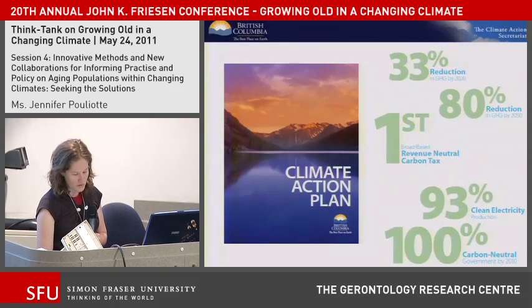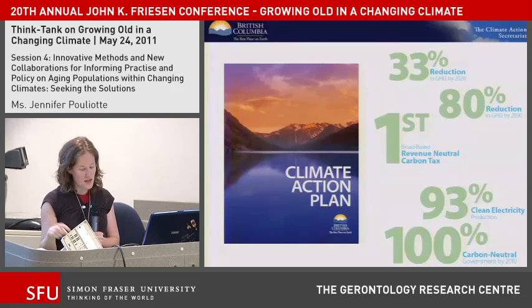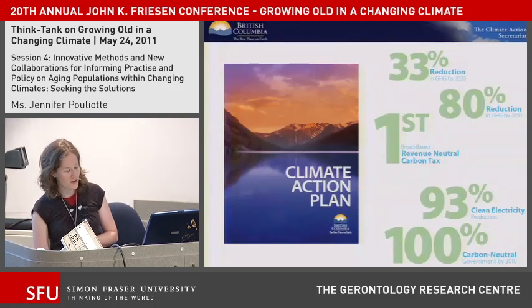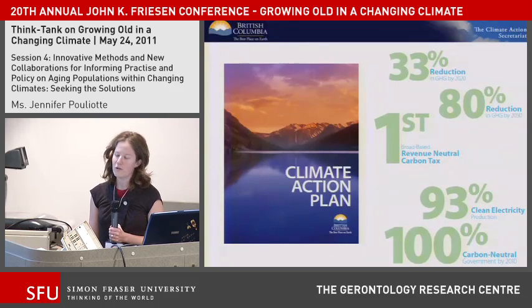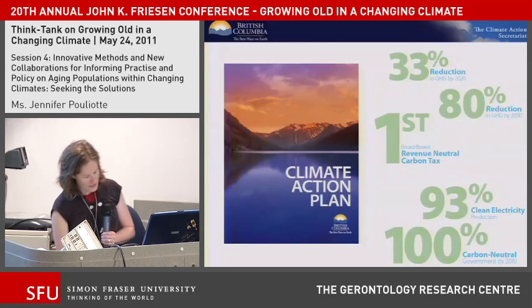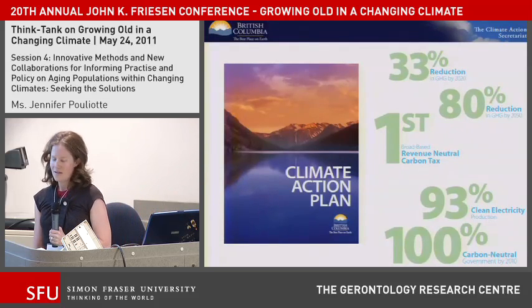The Climate Action Plan also includes a wide range of initiatives designed to reduce greenhouse gas emissions in every sector of the province's economy. We also have North America's first revenue-neutral carbon tax. And the BC government is taking the lead by committing to a carbon-neutral government.